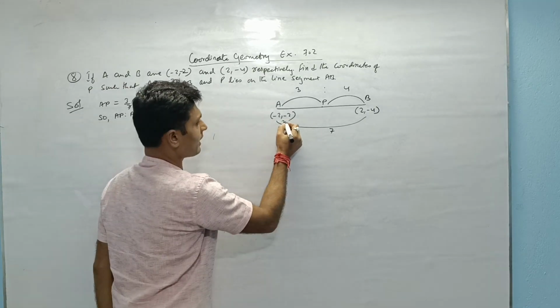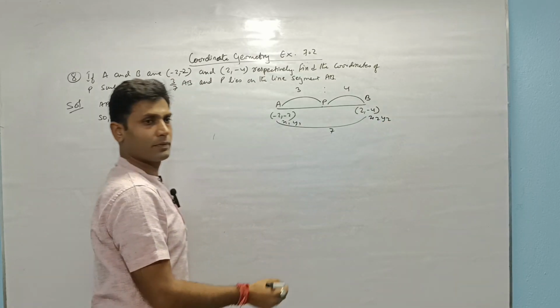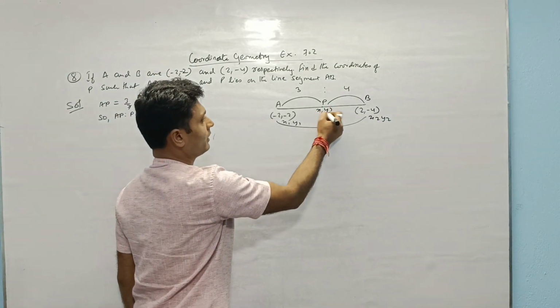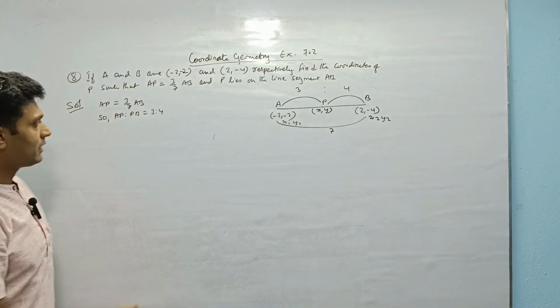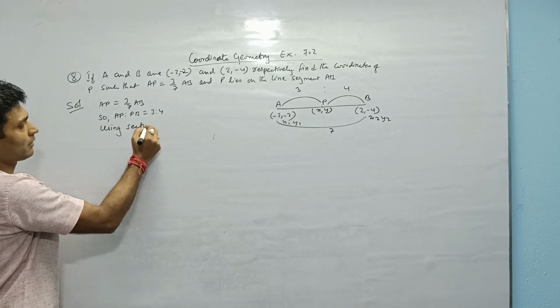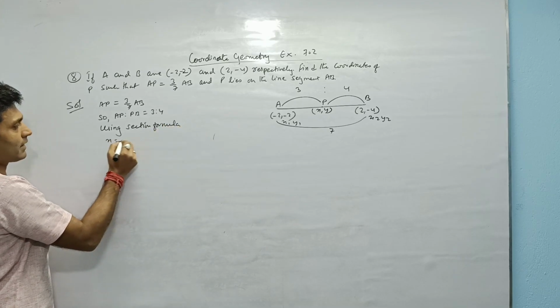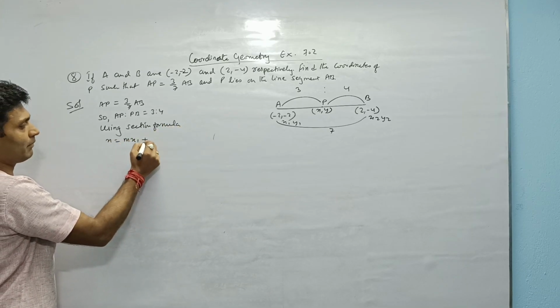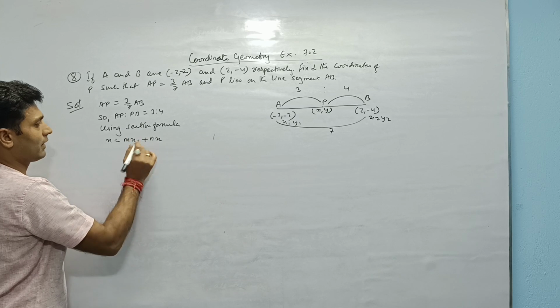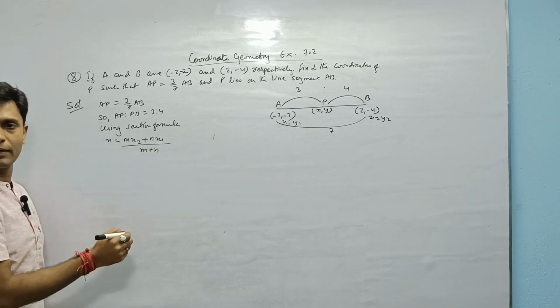Now, we'll find the coordinates of P. So we'll mark this as x1, y1, and this is x2, y2. We'll mark this as x comma y. So using the section formula, x is equal to (mx2 plus nx1) divided by (m plus n).